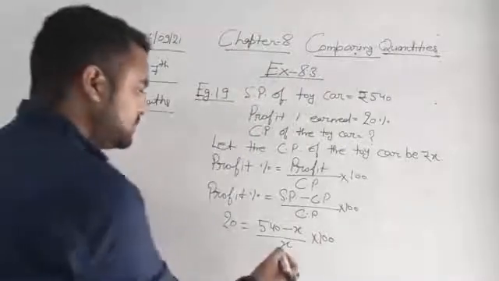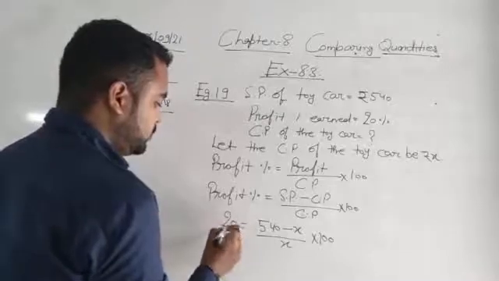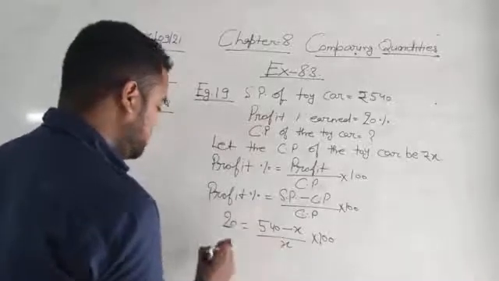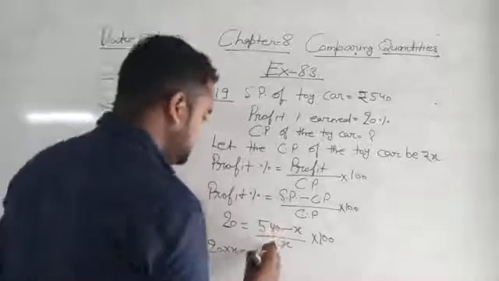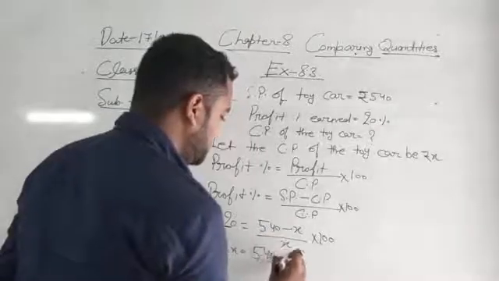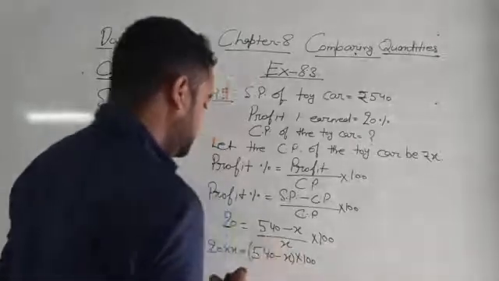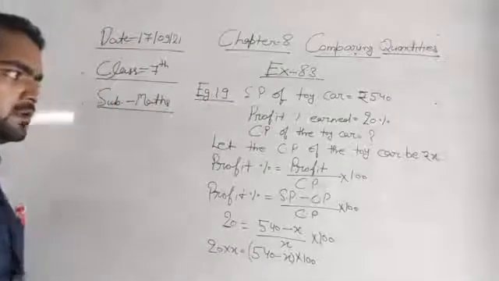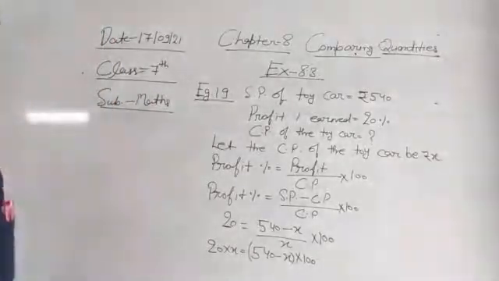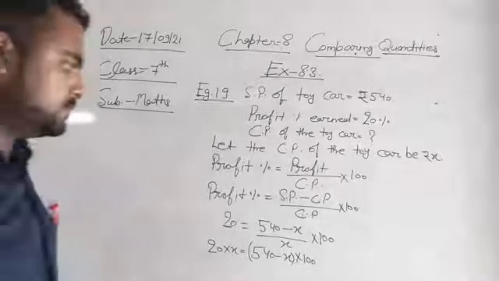Now when X goes to this side, we do cross multiplication. X is multiplied by 20, and the remaining are the same, 540 minus X into 100.